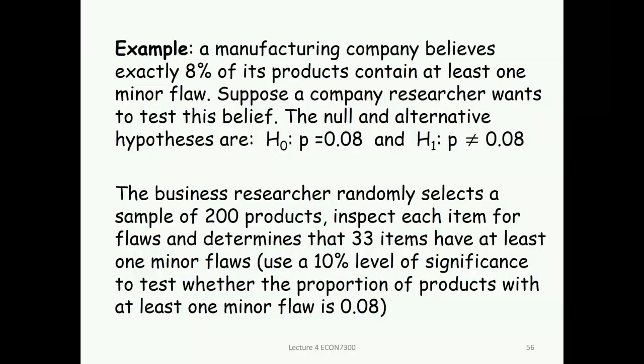So the conclusion, you could always take from the question. You just say there is sufficient or insufficient evidence at this percent to conclude. The rest, you could pick from the question: to conclude that this is not equal to 8%.